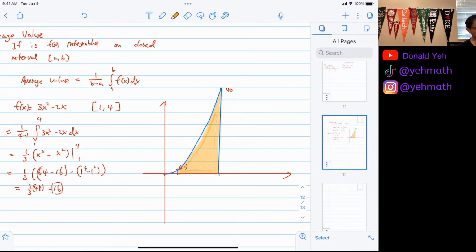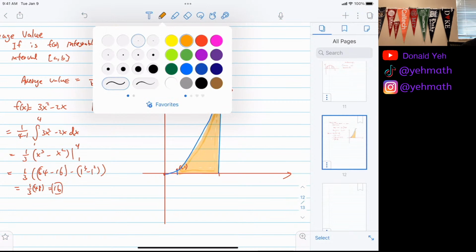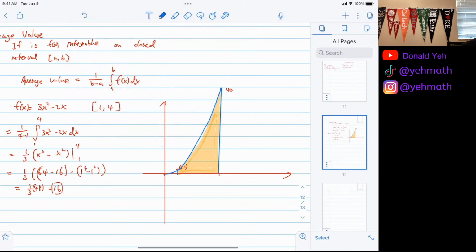How does the average value relate to this area? It's like 1/3 of the area. No, but it's a good try. What is 16 related to this area?